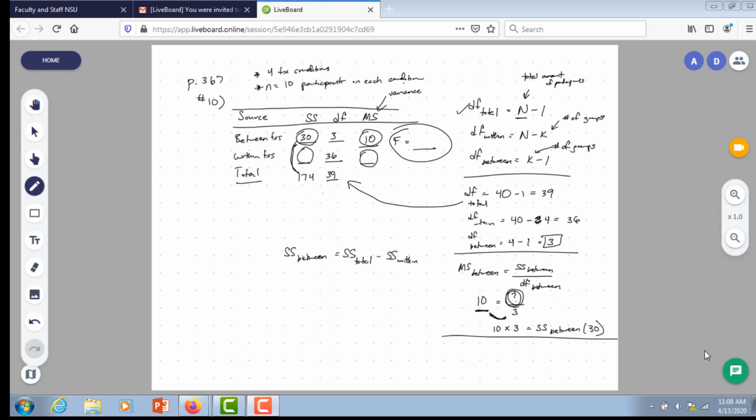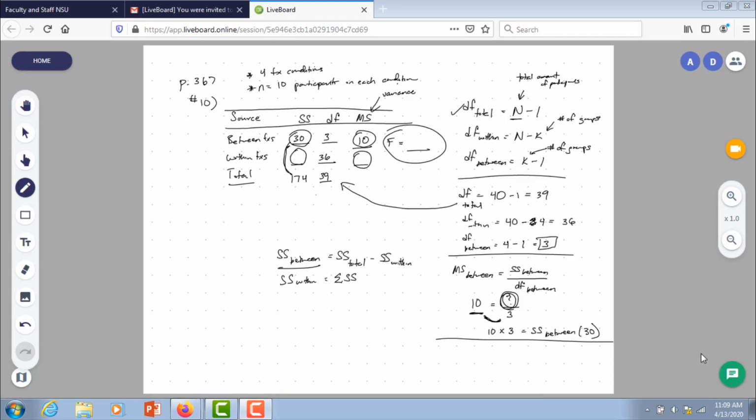and the sum of squares within formula is the sum of squares of all of the different treatment conditions. Now, to get between, you have to take away within from total, and we already got that, right?